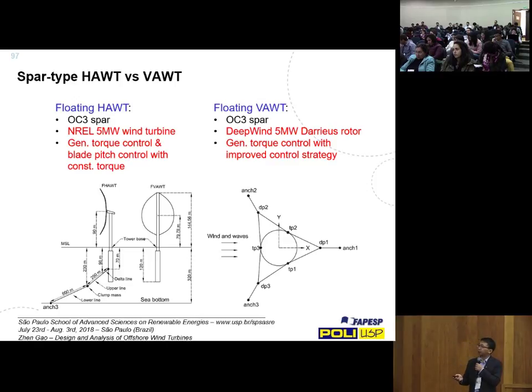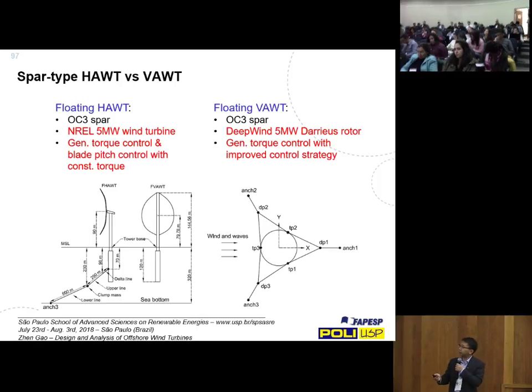We also use the same mooring system. There's a particular design called the delta mooring system, and this mainly tries to increase yaw stiffness, because you also have yaw moment on the wind turbine that needs to be balanced with the restoring from the mooring system.